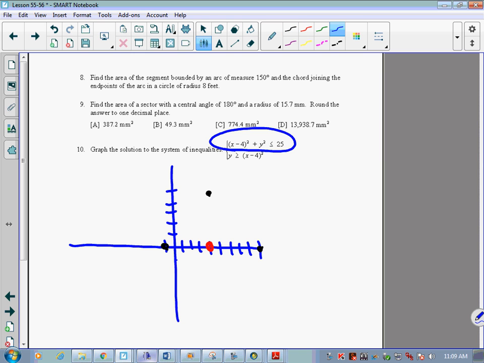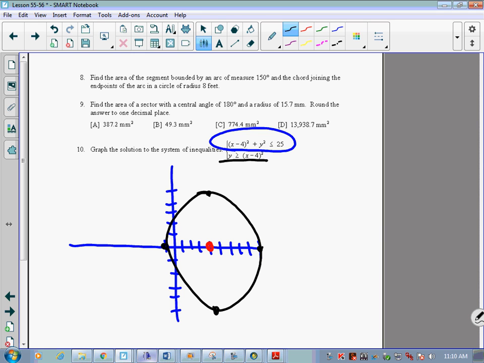Count down. 1, 2, 3, 4, 5. Okay, it's just got to be pretty basic. Okay, we're going to get something like that, where inside the circle is what gets shaded. Okay, so if it had said greater than or equal to 25, my shaded region would be outside of the circle. Okay, that's all that inequality is telling me.